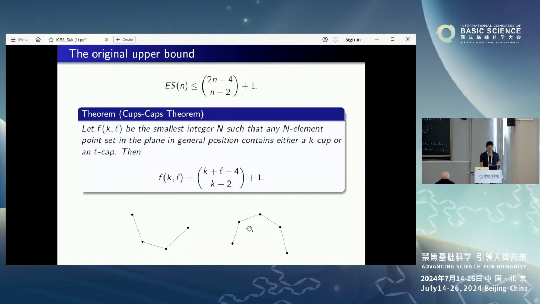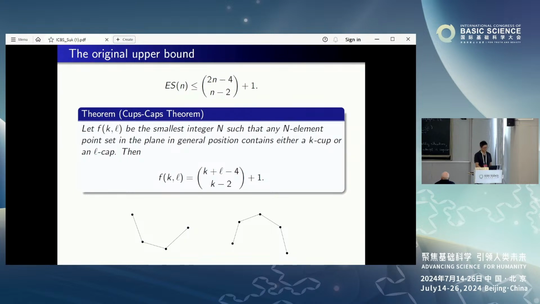And a cap is basically this picture here, with the slopes decreasing. So basically, this is a cup and a cap.